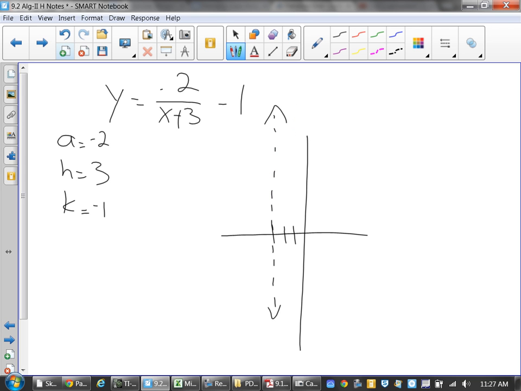Nice. So I have a vertical asymptote now at negative 3, if I was writing the right problem. I have a horizontal asymptote at negative 1.